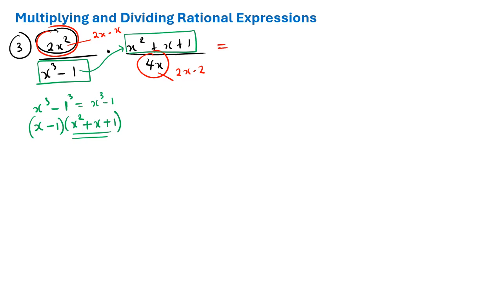The first expression right here, I said I could keep that as 2x times x, right? And I'm going to divide that by the green expression, which I have just found out to be x minus 1 multiplied by x squared plus x plus 1. And then you're going to need to multiply all of that by the numerator here, which I did not need to do anything for.